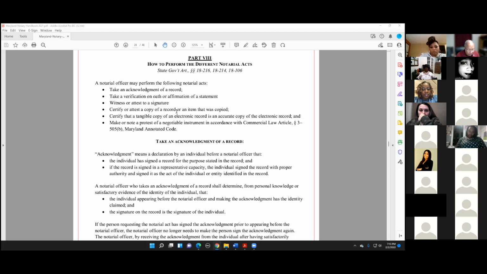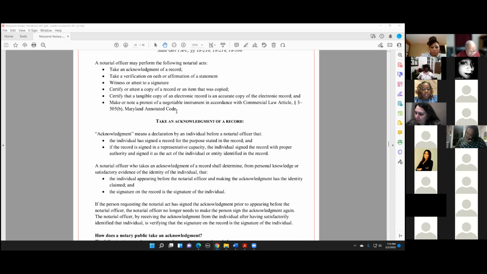Okay. What is an acknowledgement? Acknowledgement means a declaration by an individual before a notarial officer that the individual has signed a record for the purpose stated in the record, and if the record is signed in a representative capacity, that the individual signs the record with proper authority and signs it as an act of the individual or entity identified in the record.